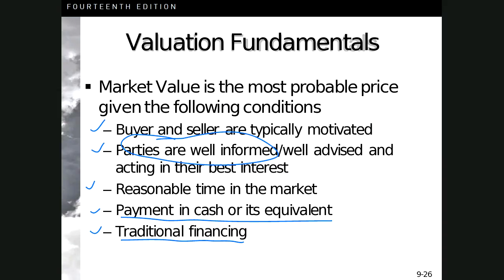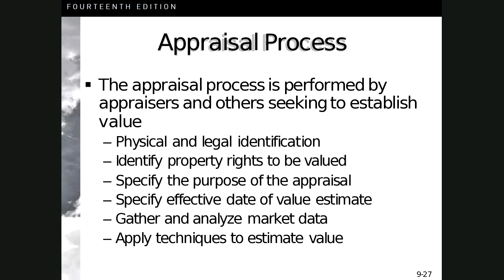And then later on, I'm not saying that you cannot include some buyer and seller who are atypically somehow really motivated or really not motivated, or some parties who are not well informed, and so on and so forth. And if you count those into the formula, then you're going to get a more accurate valuation.